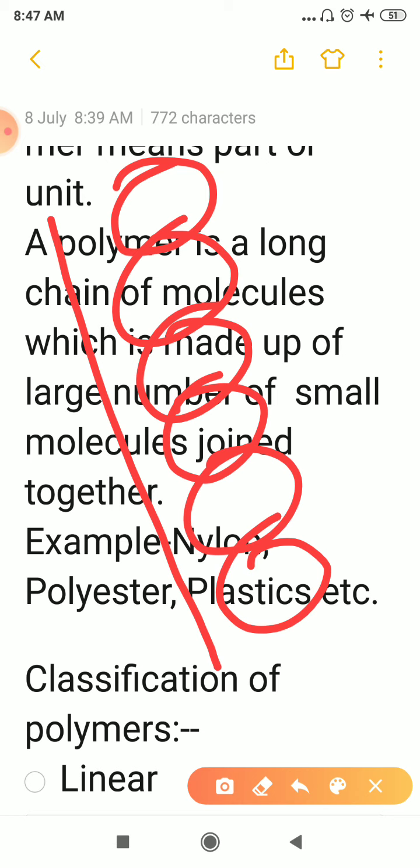In the same way, in synthetic fibers, the small parts are manufactured and joined together to form a big chain. And that chain is used to manufacture fabrics.